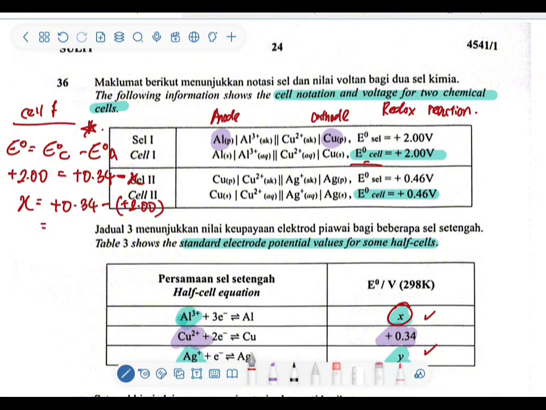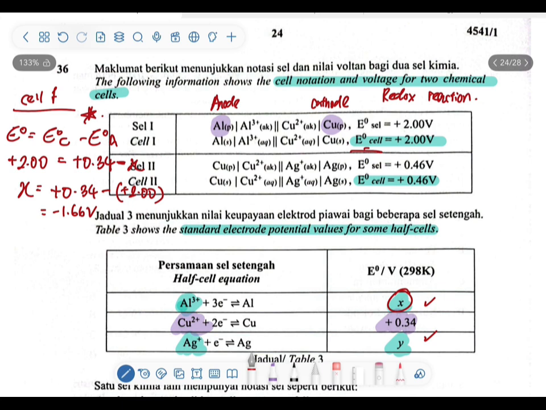Use your calculator to calculate it. We get negative 1.66 volt. So the value for X is equal to negative 1.66 volt.